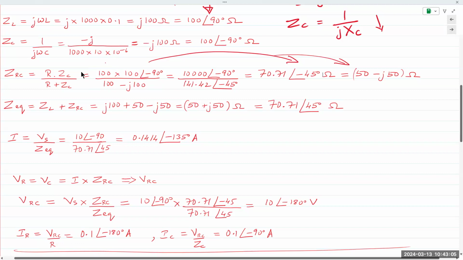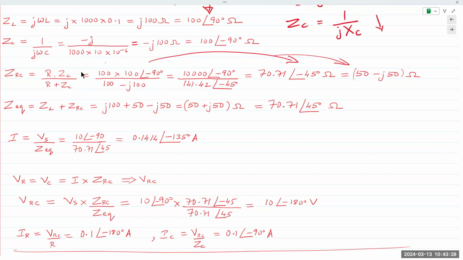Oh, here. R times ZC divided by R plus ZC, and I find the ZRC value as 50 minus j50 ohms. The reason I want it in rectangular coordinates is because in the next step I'm going to perform an addition.